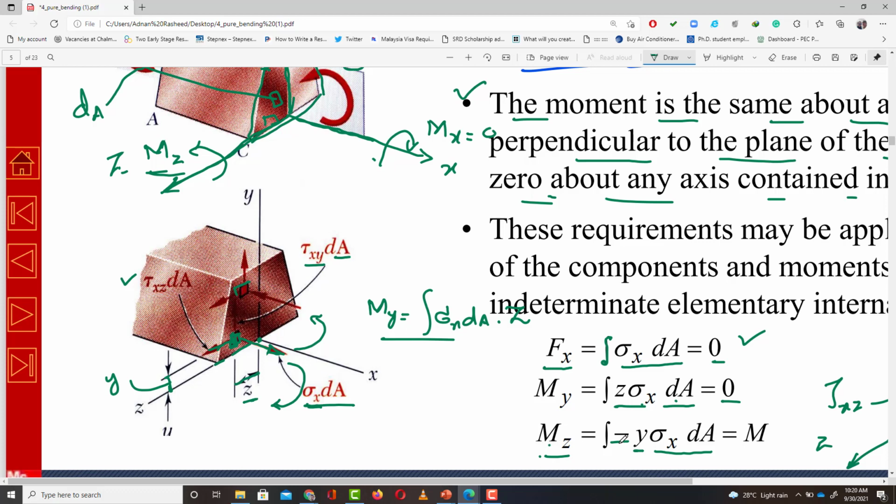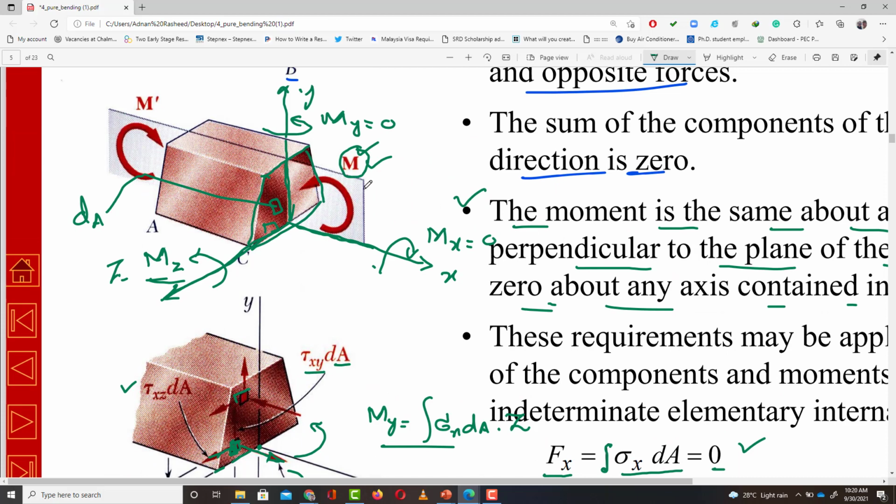So this Mz is equal to the integral of minus y sigma x dA, and it is equal to the moment applied in the longitudinal plane. This Mz is equal to M.